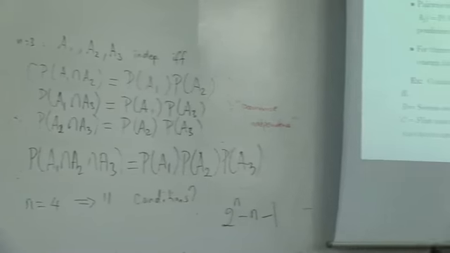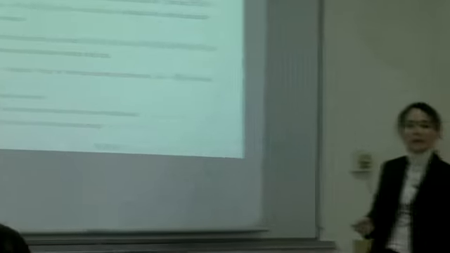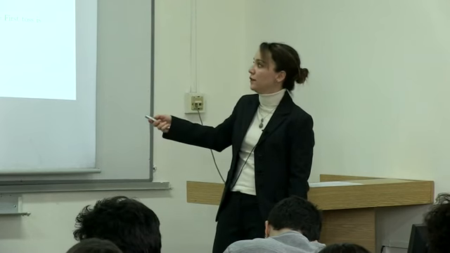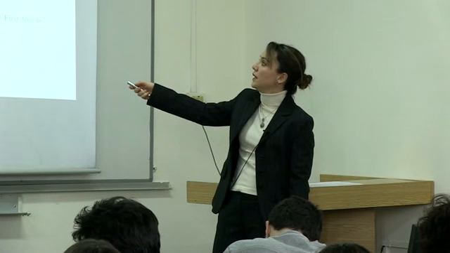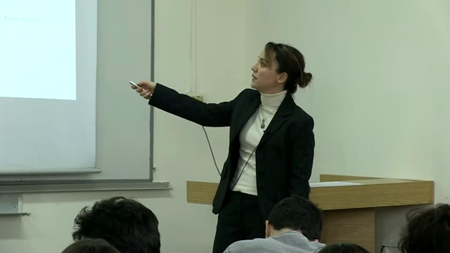Remember, for 2 sets, we said A and B are independent if and only if A and B complement are independent. Now, for general N, the group A1 through AN are independent if any combination of these sets is independent of any other combination.